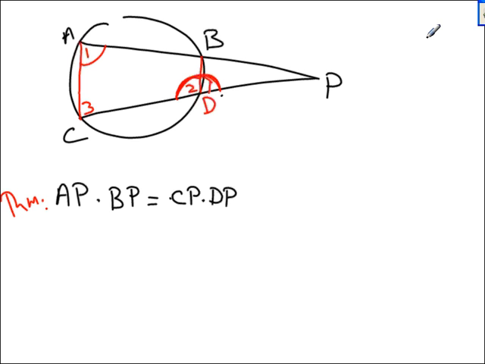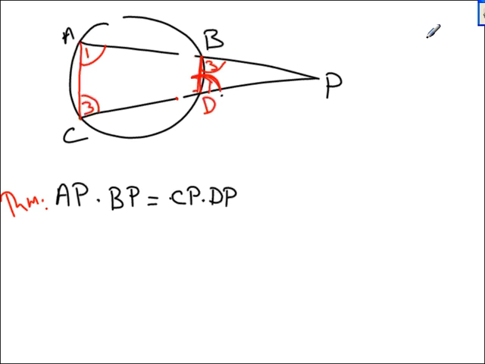If I call this angle 3, then this also has to be angle 3, because they're both supplementary to angle 4. You can't have two different supplements. Basically, I don't really need 2 and 4 in this problem. They just helped me argue why those two angle 1s are equal and those two angle 2s are equal.